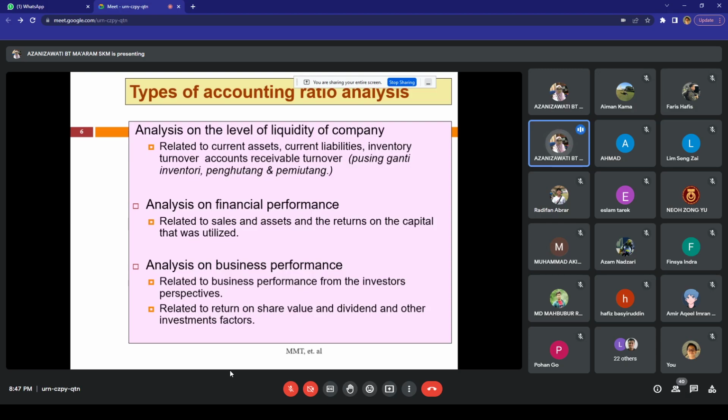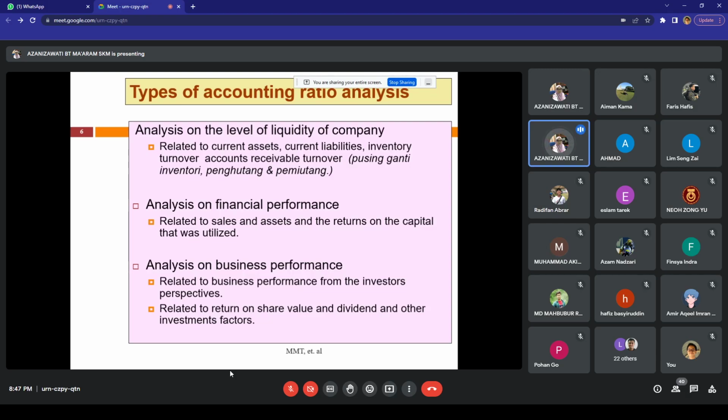If they have fixed assets, it is difficult to liquidate them; it is difficult to convert them into cash. So that will be considered for the company: if anything happens, like an economic recession, it is difficult for them to pay the creditors.